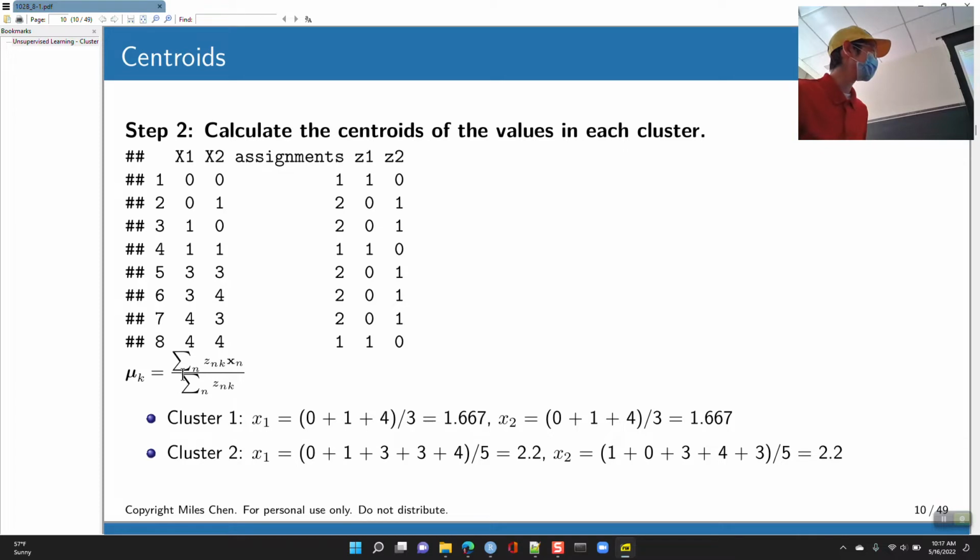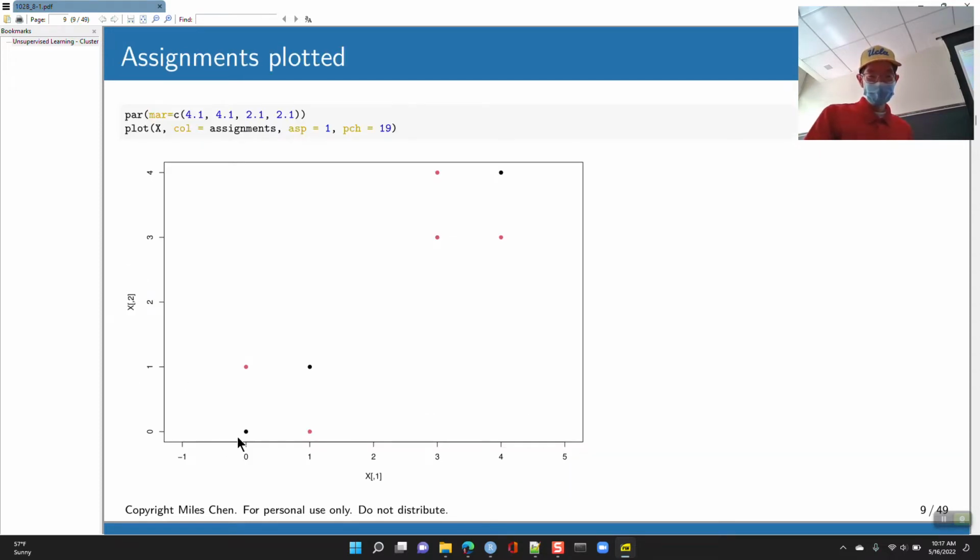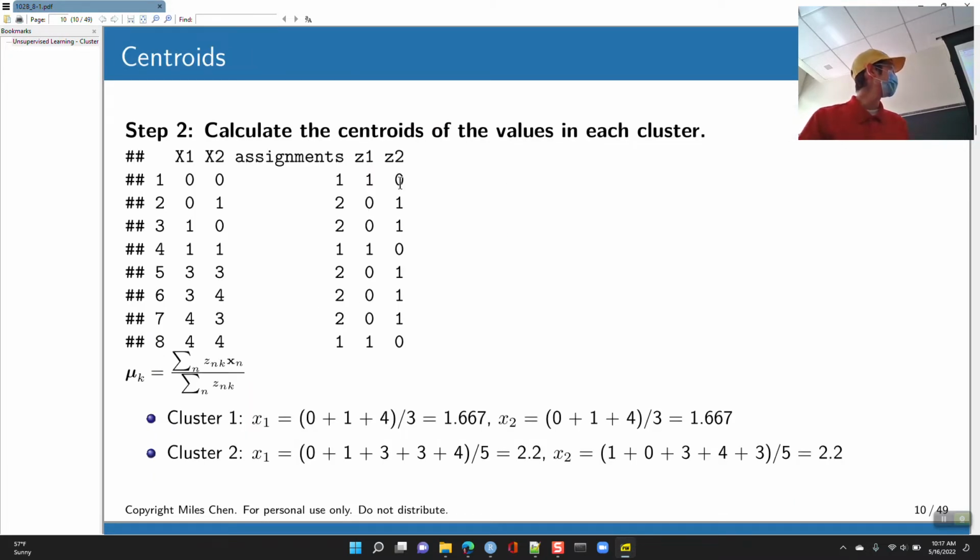So these are the coordinates here. And remember, the formula for finding the mean is we take each x multiplied by its z and then add them up. Again, it's really just the mean of the points that belong to that particular cluster. As far as these 3 black points go, I've got 0, 0, 1, 1, and 4, 4, and I'm going to ask what is the mean of those 3 points.